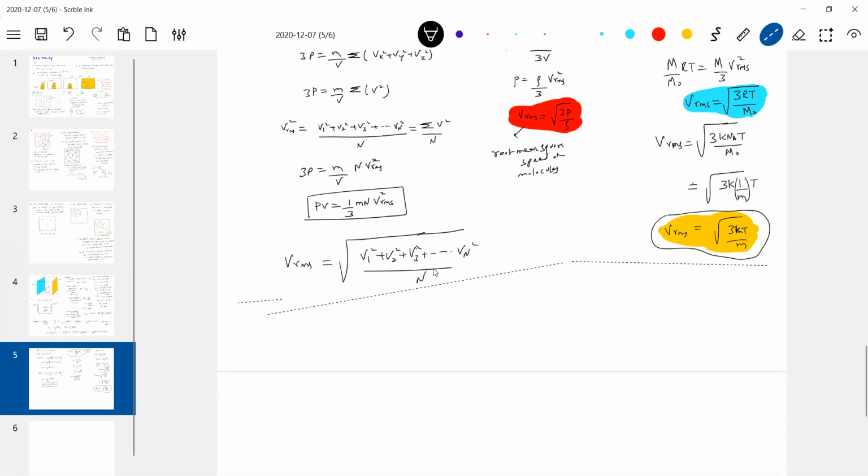The average velocity of molecules should be equal to root of 8kT by pi m.